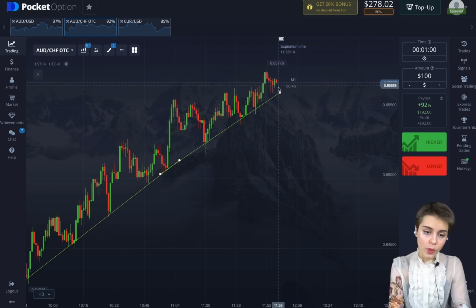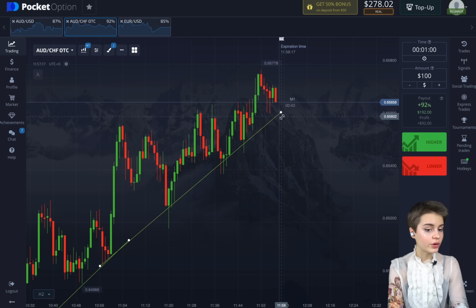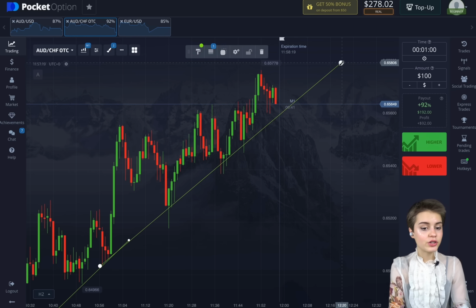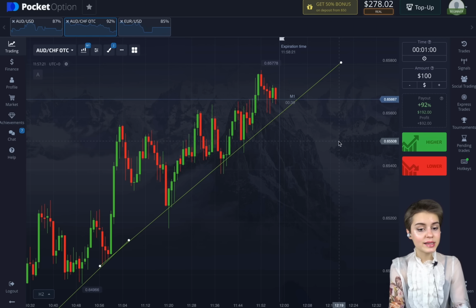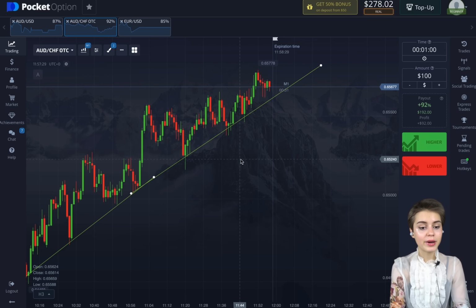And here too, we wait for the market to lower down to our support line, and we can trade with higher from it because this trend line is also seen by a huge amount of people.